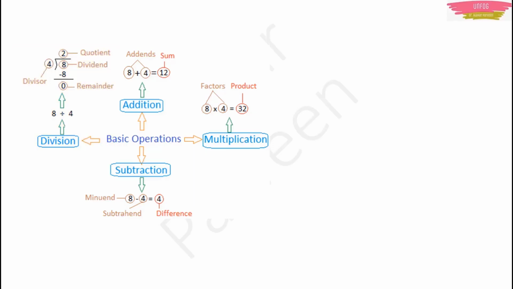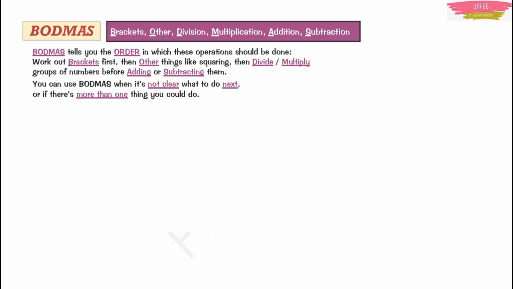Now we all know basic operations. For sure we all know. But one thing we must have forgotten is what we call BODMAS. BODMAS is one procedure which we always follow for any basic operation in mathematics. For example, if addition, subtraction, multiplication, division, everything is there in one problem, then how do you solve?